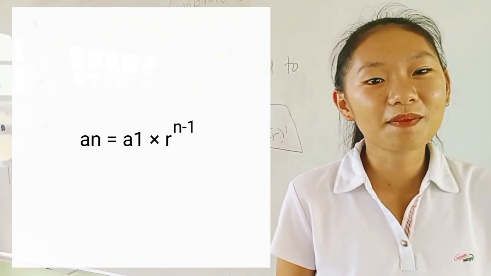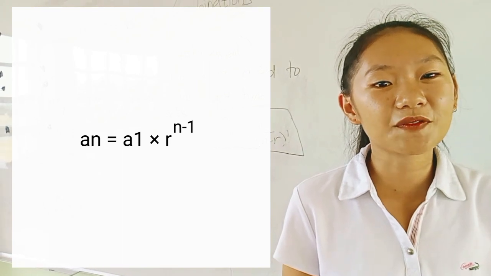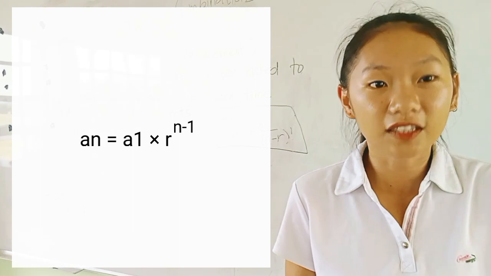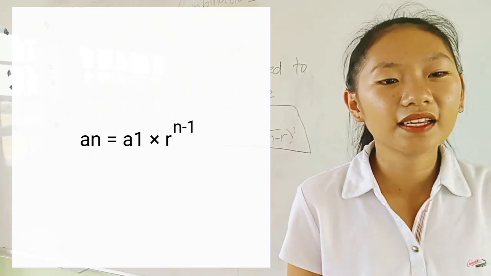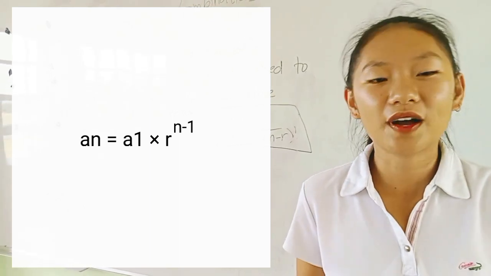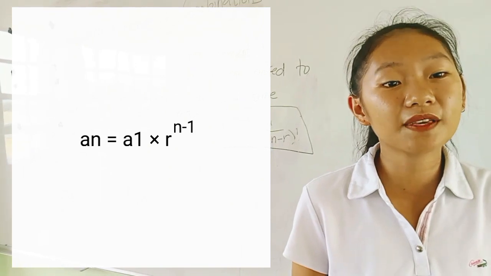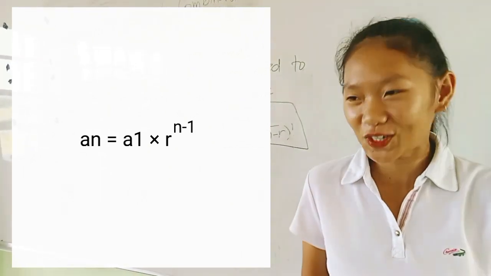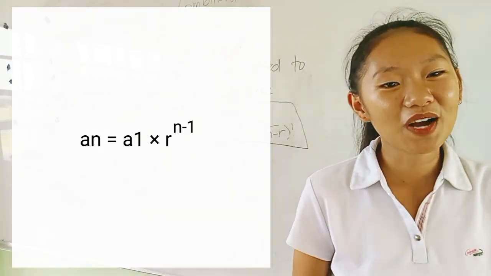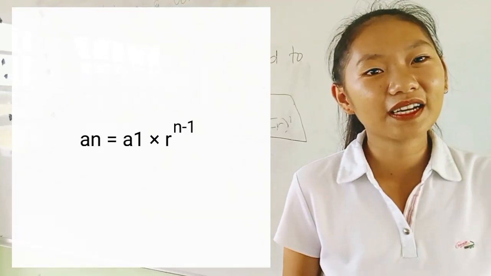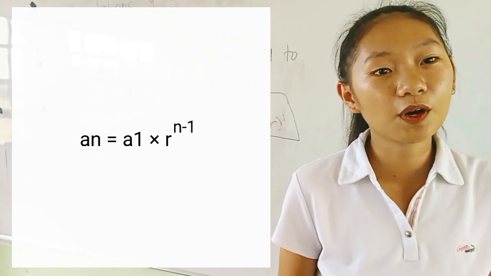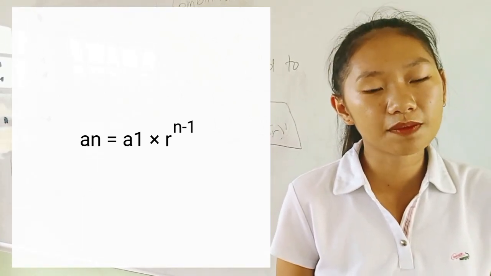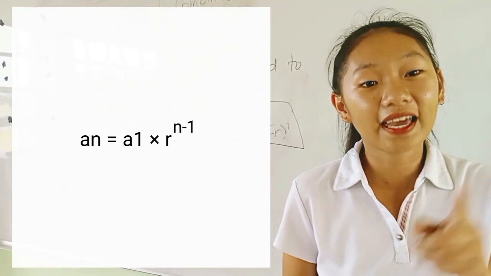A sub n is the nth term of the given geometric sequence. Then we have a sub 1, which is the first term of the sequence. Then we have the common ratio, which is the quotient of two consecutive terms of the sequence. Last, we have the number of terms, which is n.